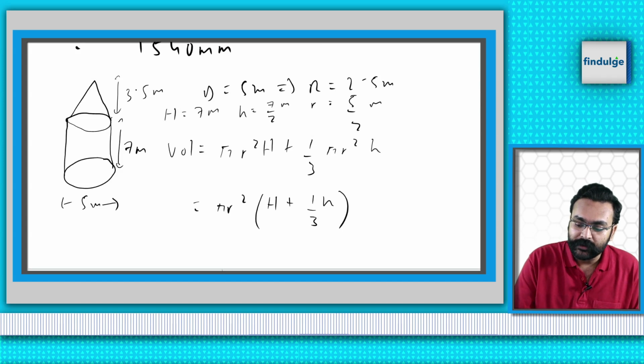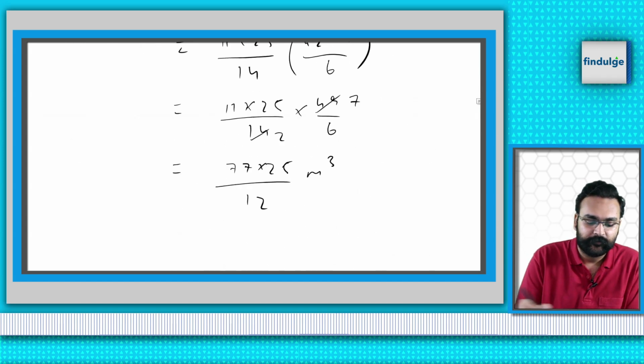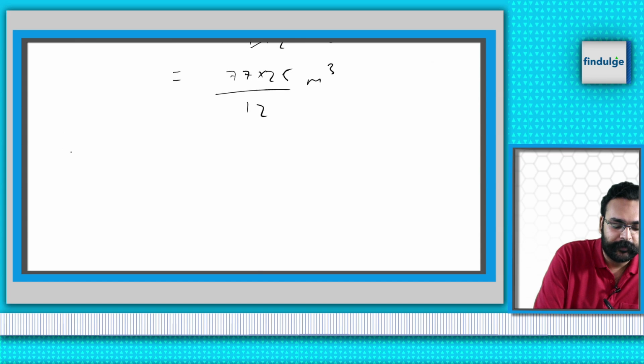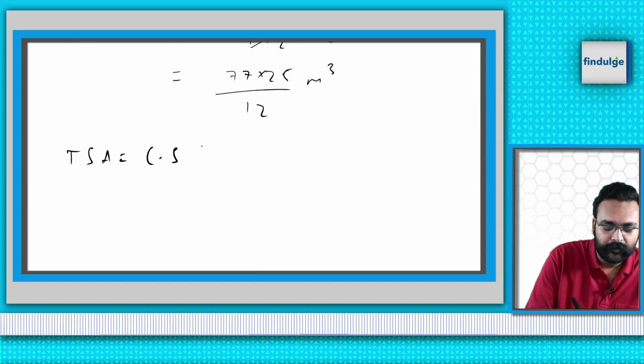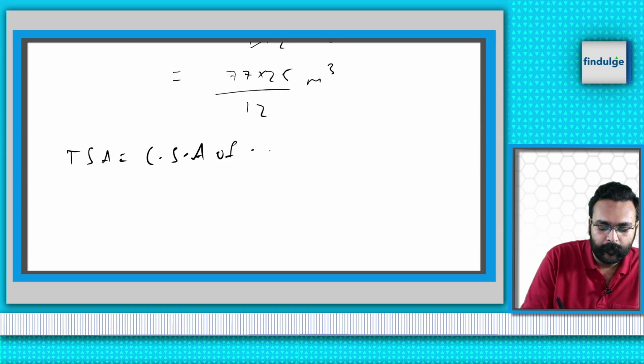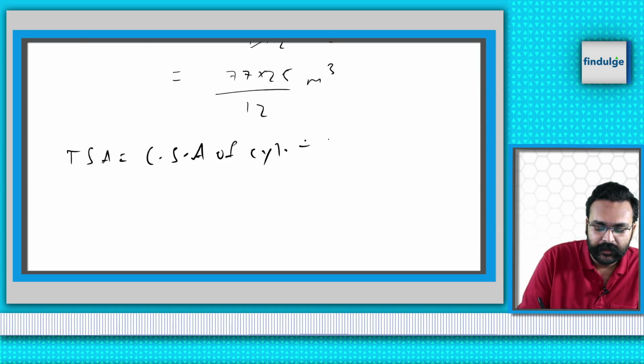So the total surface area, which is the area of the canvas, would be equal to CSA of cylinder plus CSA of cone.